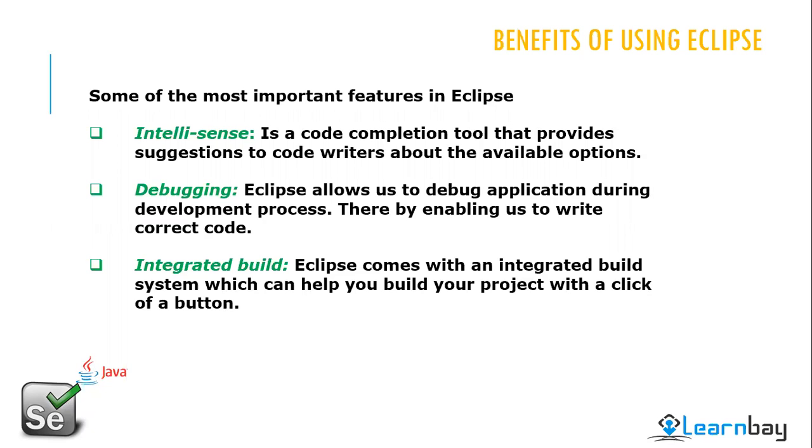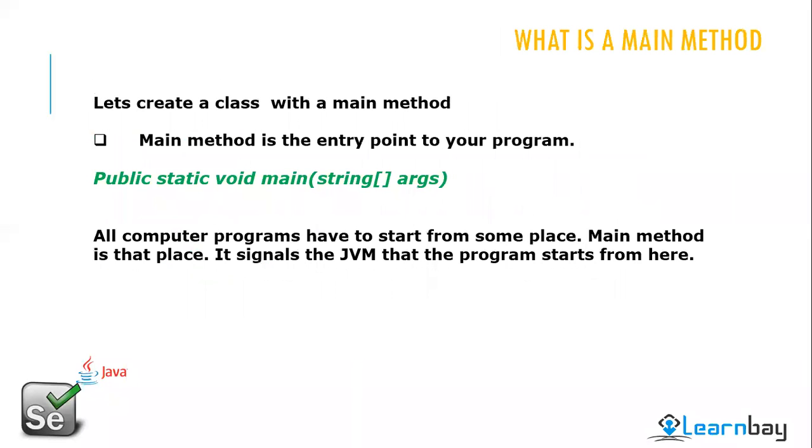When the expected is not the actual, you debug, and Eclipse has different options for debugging. And then you have the integrated build. When your project is created, you can build the project with the integrated system and then run your program.